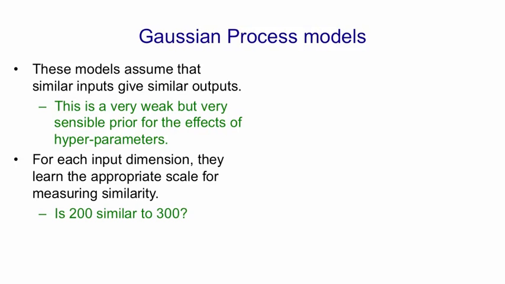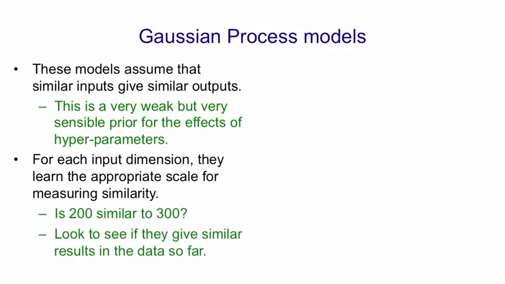If we don't know anything about neural nets, initially we have no idea. But we could look at the results of experiments so far. And if experiments with 200 and experiments with 300 tend to give very similar answers when you take into account the other differences between the experiments, then 200 is probably similar to 300. And so we set a scale for that dimension such that you need differences of much more than that to expect to get very different results.